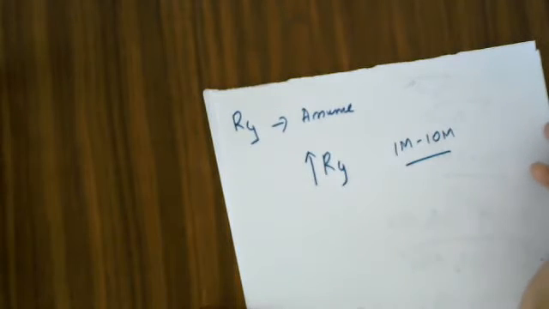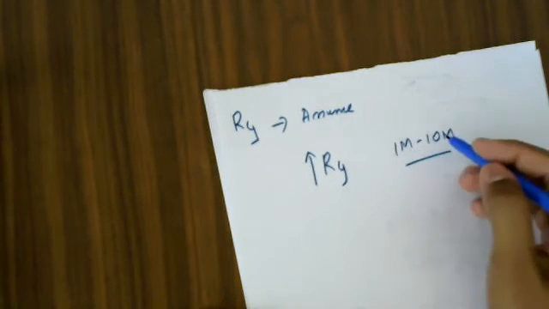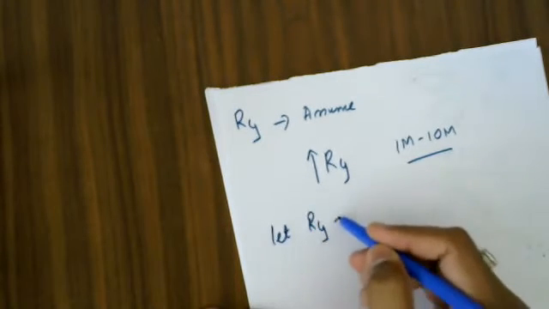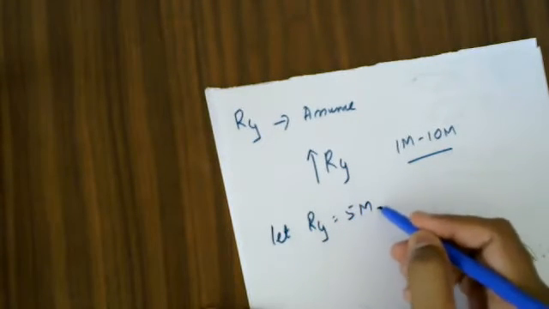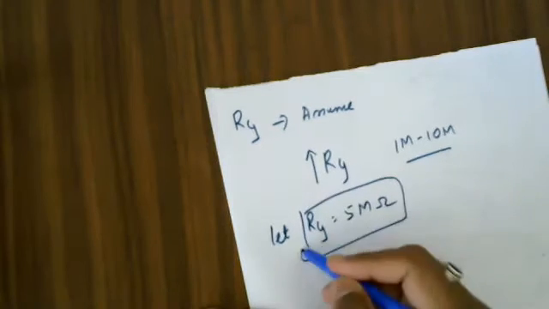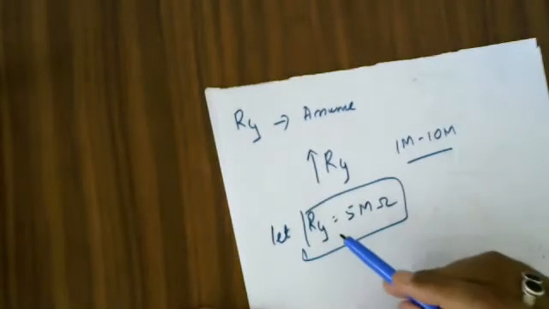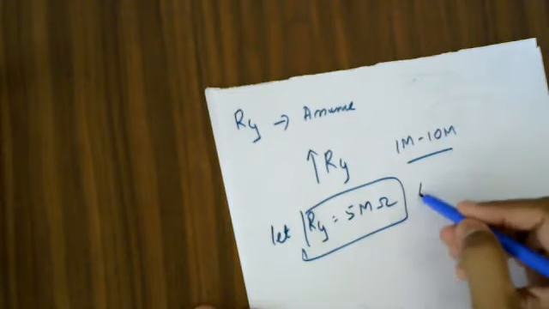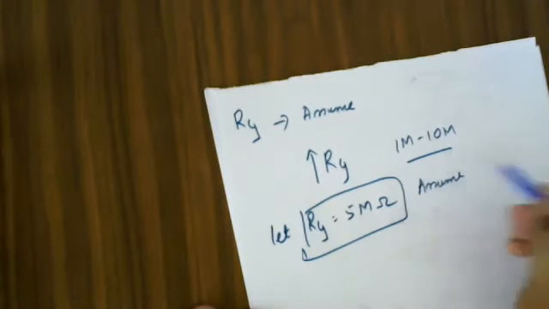So what I can do over here is select a value between 1 mega ohm to 10 mega ohm. Let me say that RG is equal to 5 mega ohm. It's my assumption. Even if you say, sir, I want to choose RG equal to 8 mega ohms, yes, permitted. This is just my assumption.